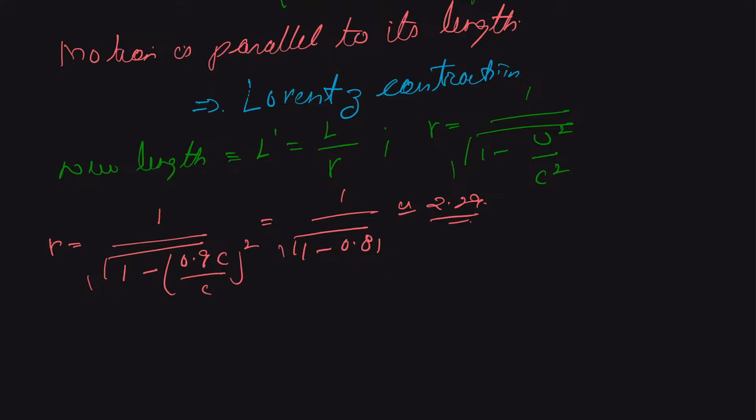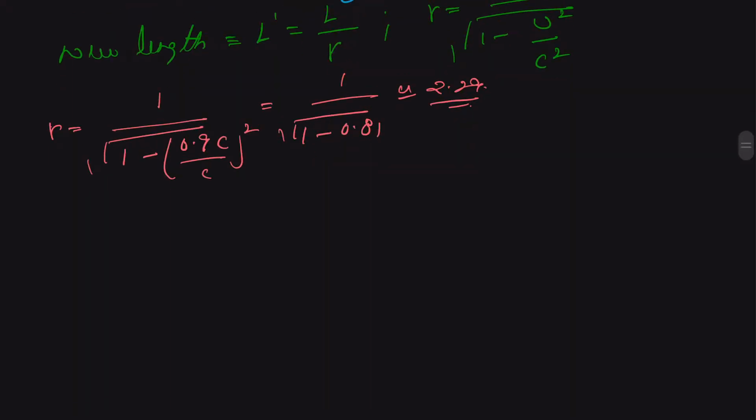And so we know that the charge is not going to change, but like we said, the length is going to change. So therefore the linear charge density is also going to change. From here we already know that charge is invariant, but the length contracts.